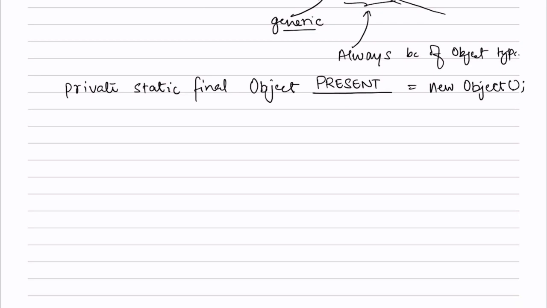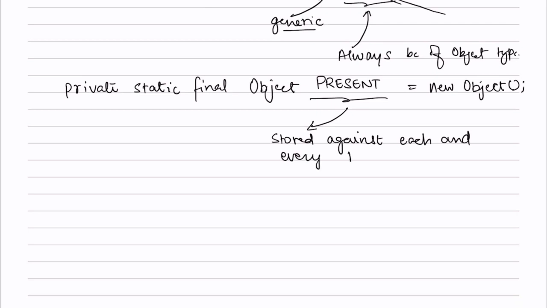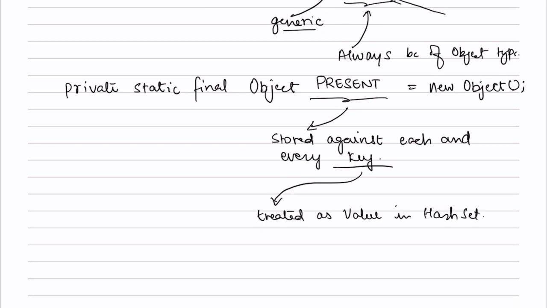This is actually an empty object which is stored against each and every key. And this key is treated as value in HashSet. I hope you are clear with this.